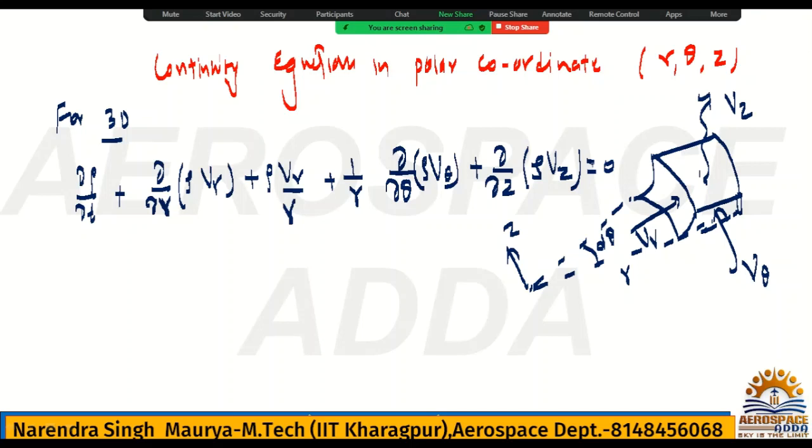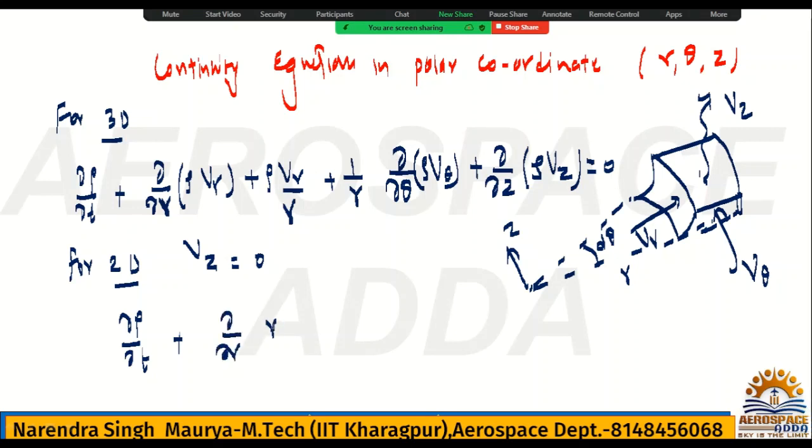Okay, if you are going to write for 2D, then the z component will be 0. Yes or no? For 2D, the z component, I mean vz and all, will be 0. What will you have? Simple. You can write dou rho by dou t, dou by dou r, and so on.